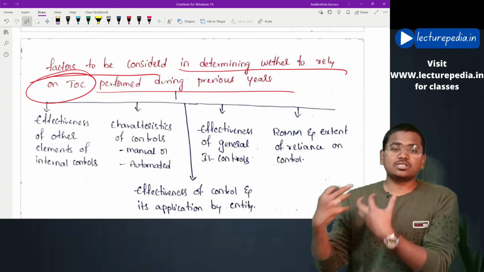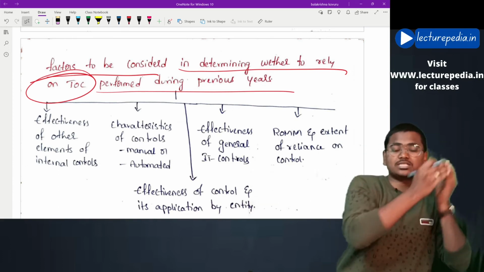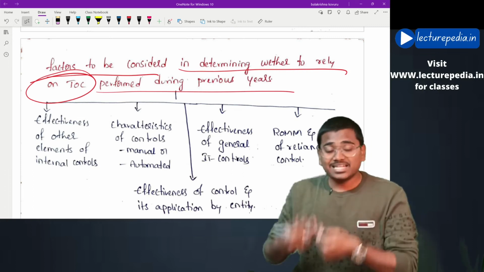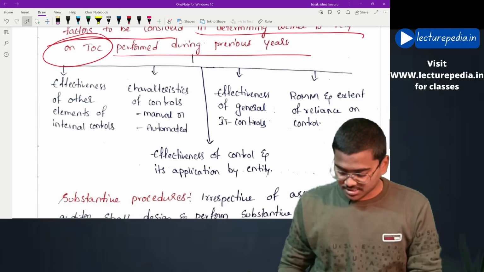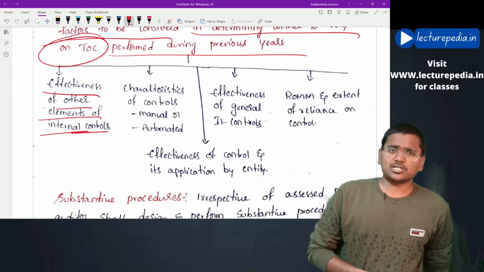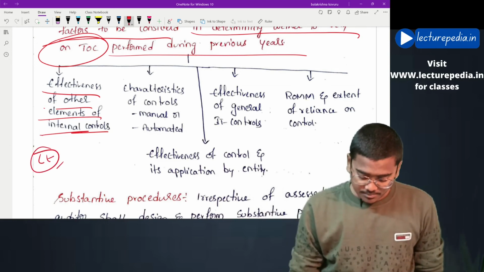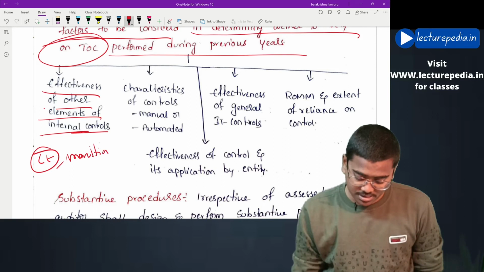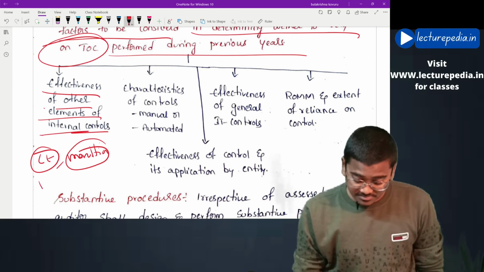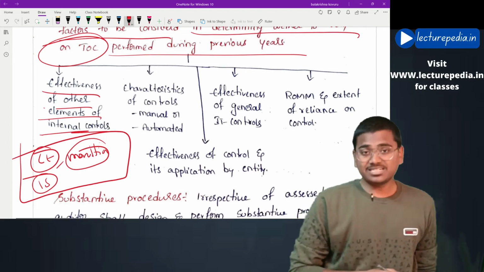Based on these factors, the auditor will come to a conclusion whether to rely on the controls performed in the previous year or to perform test of controls again in the current year also. What are those factors? First one, effectiveness of other elements of internal controls. What are the other elements of internal controls? Control environment, monitoring, whether the controls are properly being monitored or not, and information systems. These are the elements of internal controls.